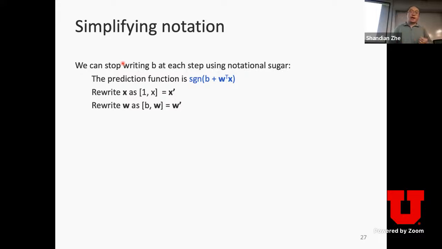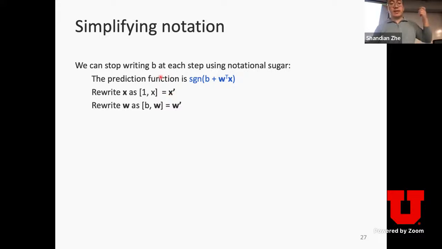Oftentimes, explicitly writing out the weight vector W and B is kind of tedious, so people invented a simplified notation. We rewrite our feature vector X by inserting a constant 1 into X, to get a new feature representation, X prime.